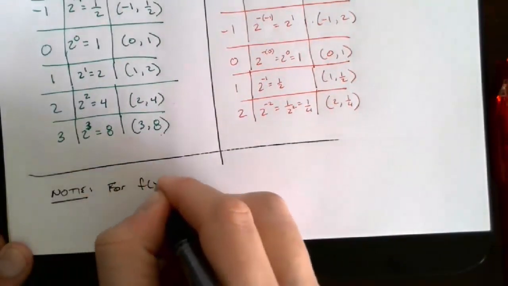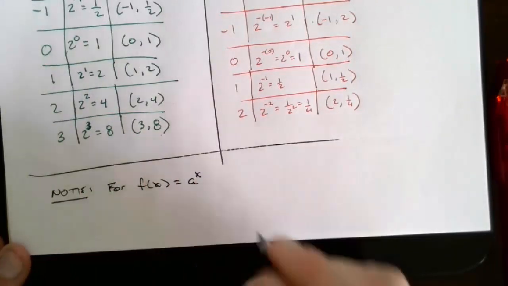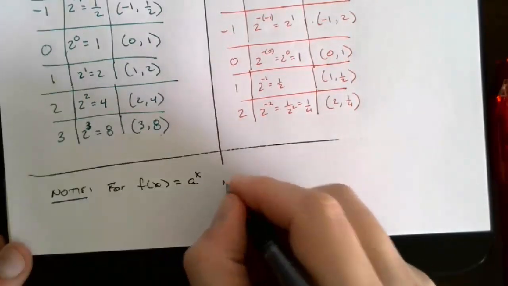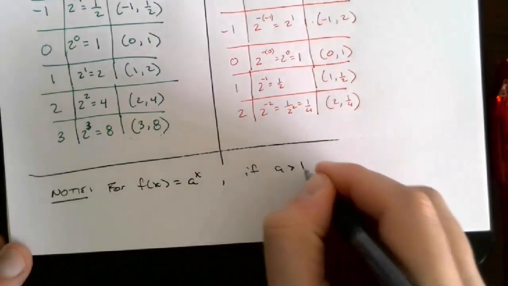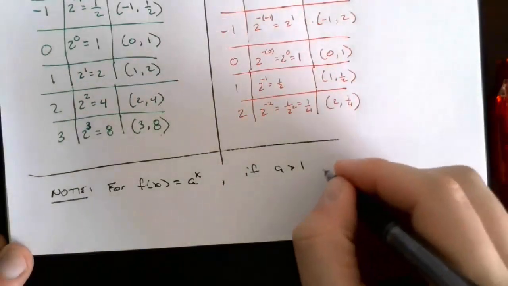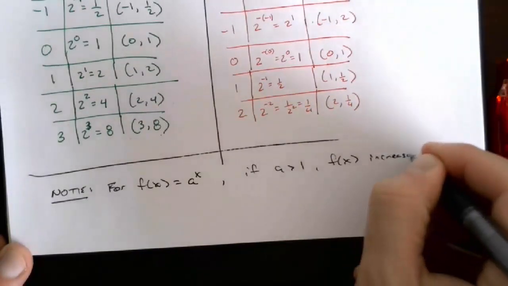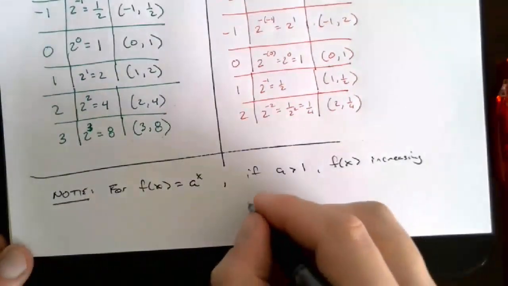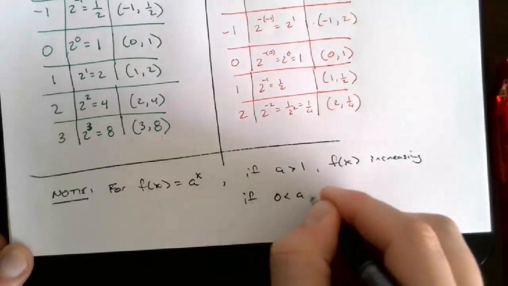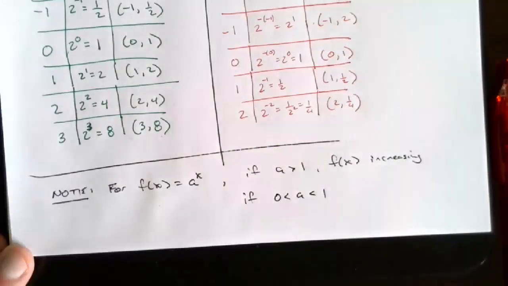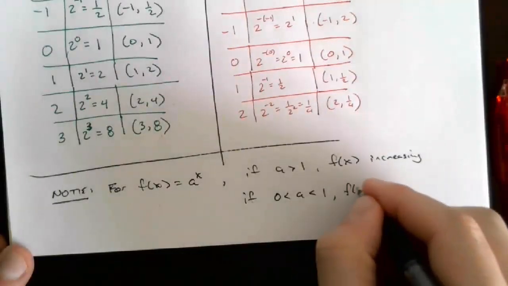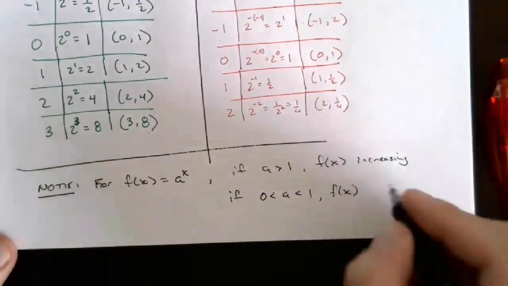For f of x equals a to the x, if a is greater than 1, f of x is increasing. If 0 is less than a is less than 1, if our base is between 0 and 1, then f of x is decreasing.